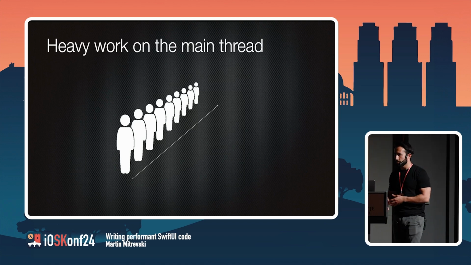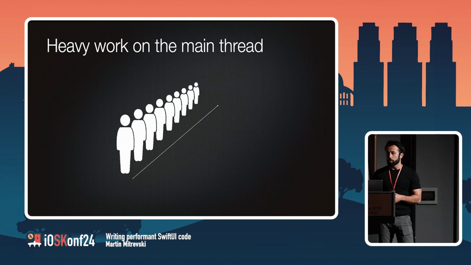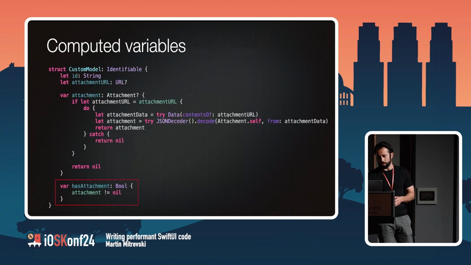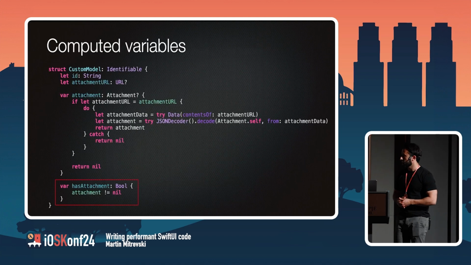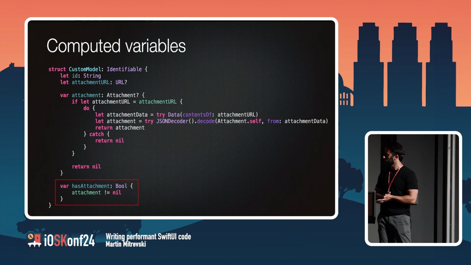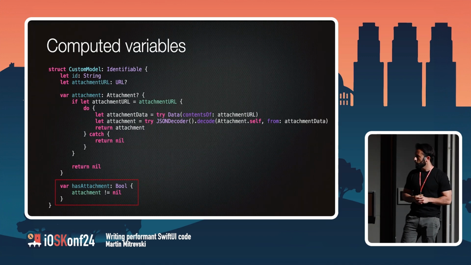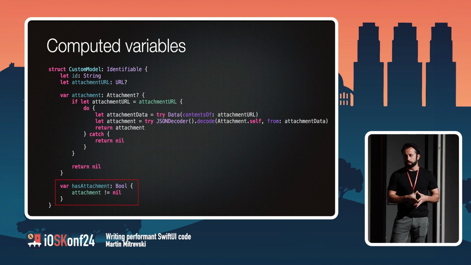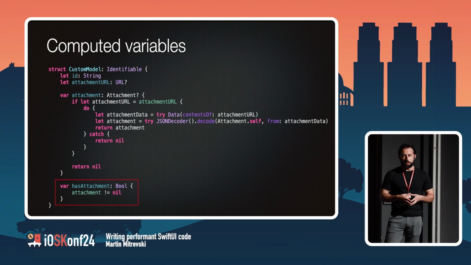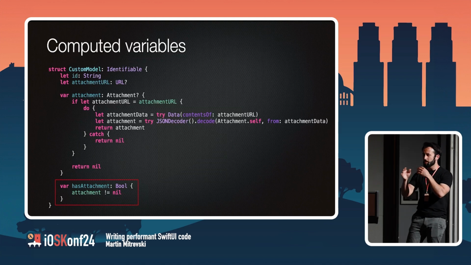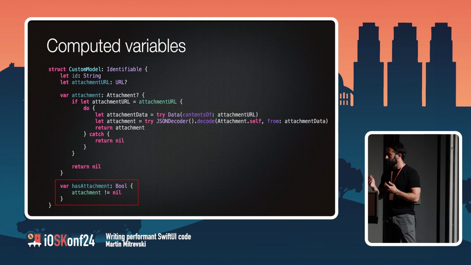If you have it busy with your own stuff, then your app won't be responsive, and this causes a bad user experience. There are many examples of how you can do this wrong, and this is also a real-world example where, with computed variables, you can easily make these mistakes, because you just see the view body and you don't see everything inside.